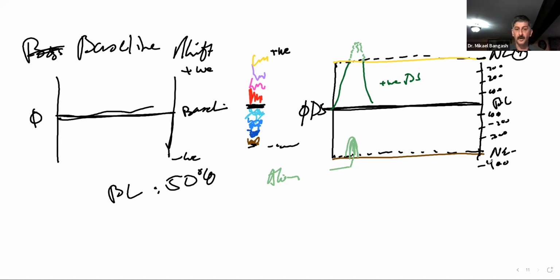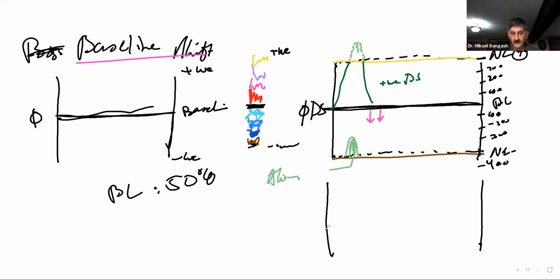So what we will actually do when we see a baseline shift is move the baseline down. Clear? In this instance, we will move the baseline down.